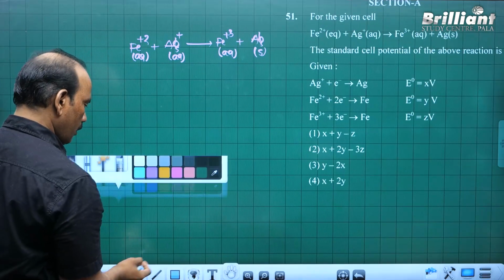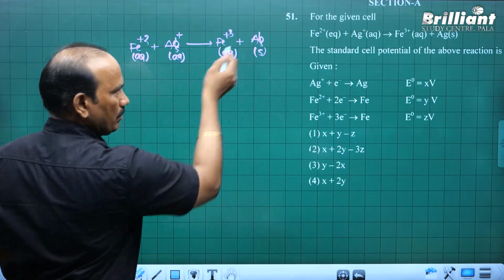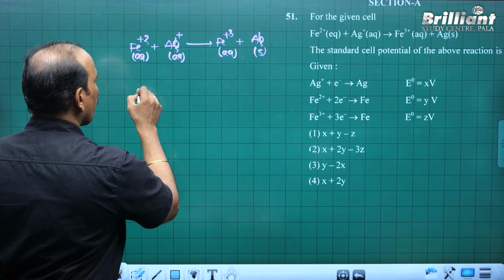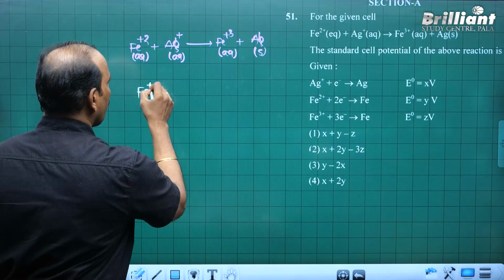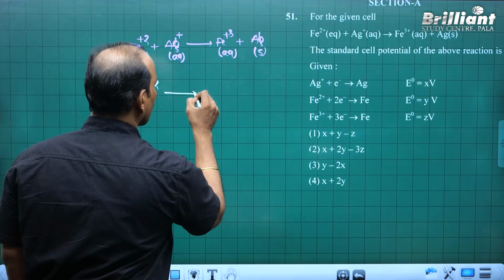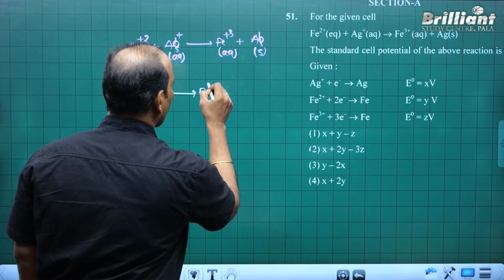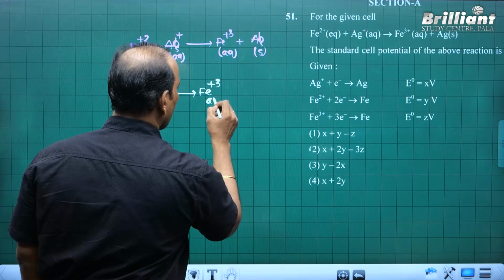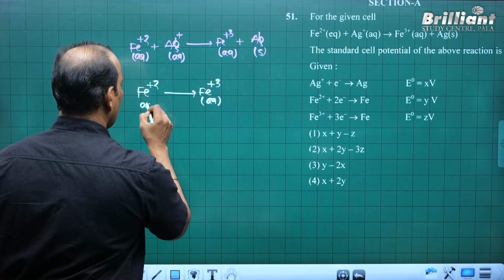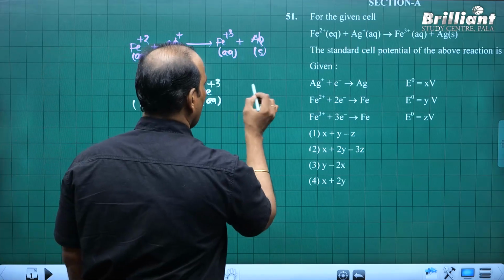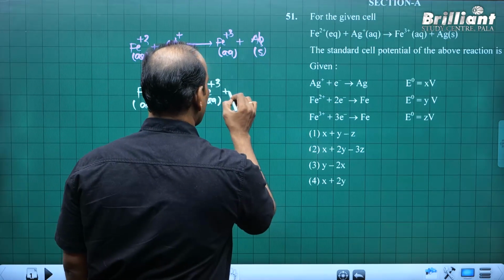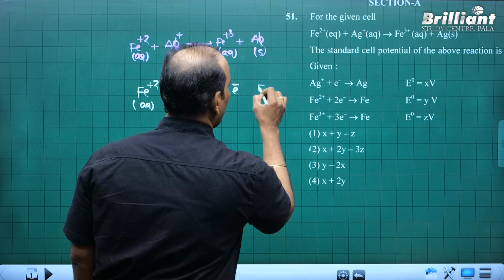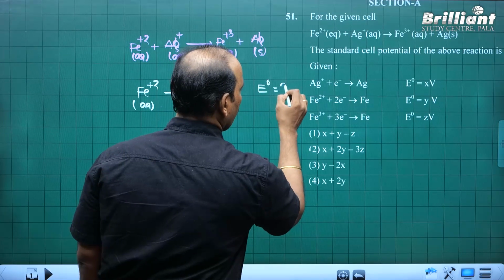Okay? Now first we want to calculate the E0 value of Fe2+ gives rise to Fe3+ aqueous plus electron. What is the E0 value? First target.